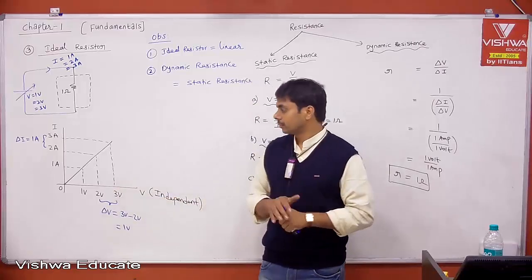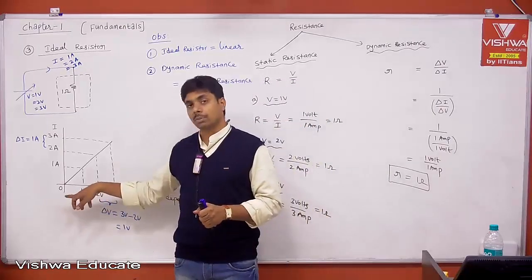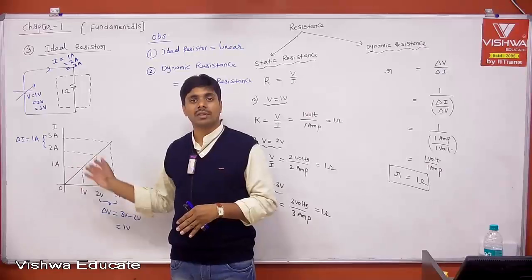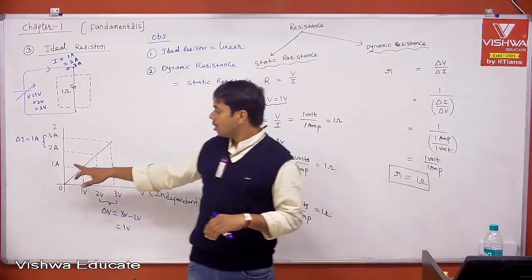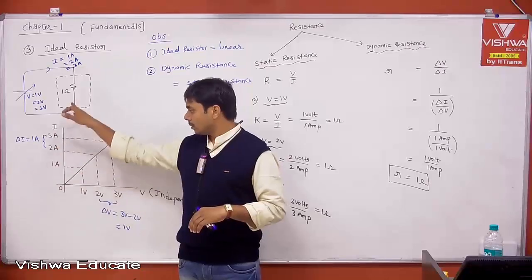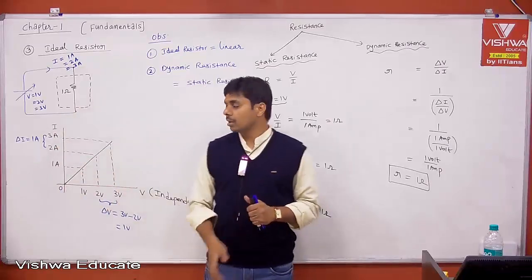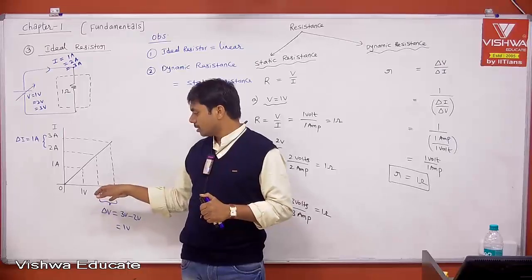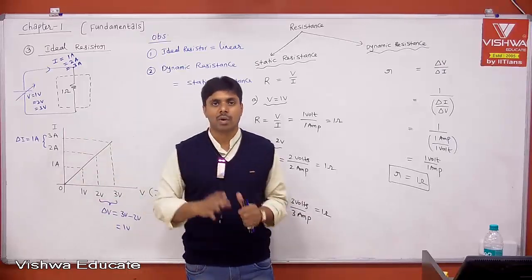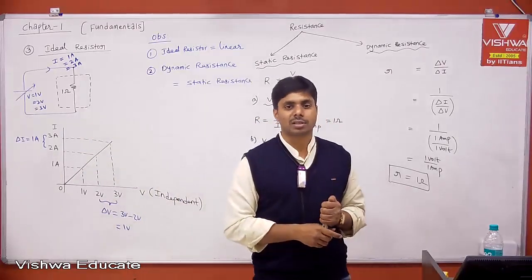It can be 1 second, 1 minute, 1 hour. After every 1 hour, you may change the voltage. But remember, all the y-axis, which is your dependent parameter, is under steady state. When you change the voltage, what is the steady state current? That is what we represent in the characteristics.